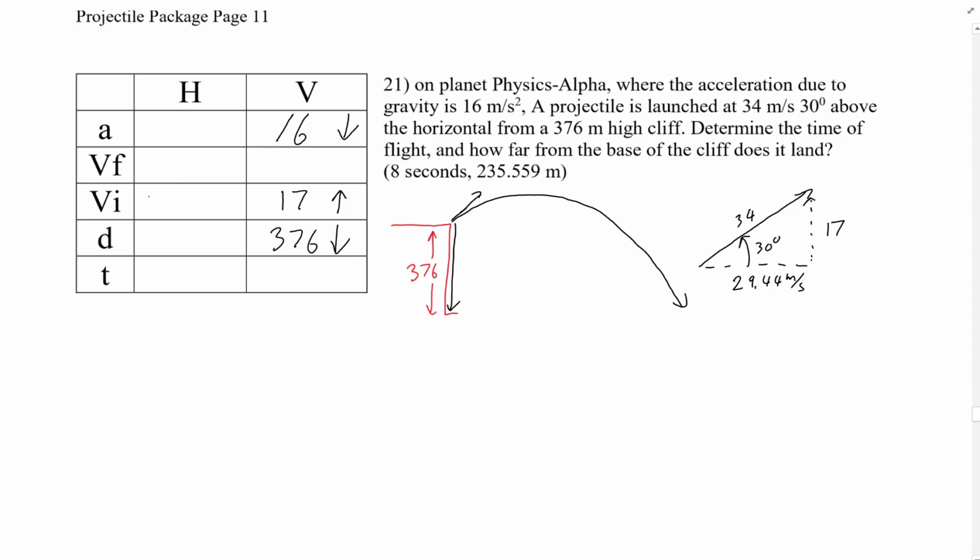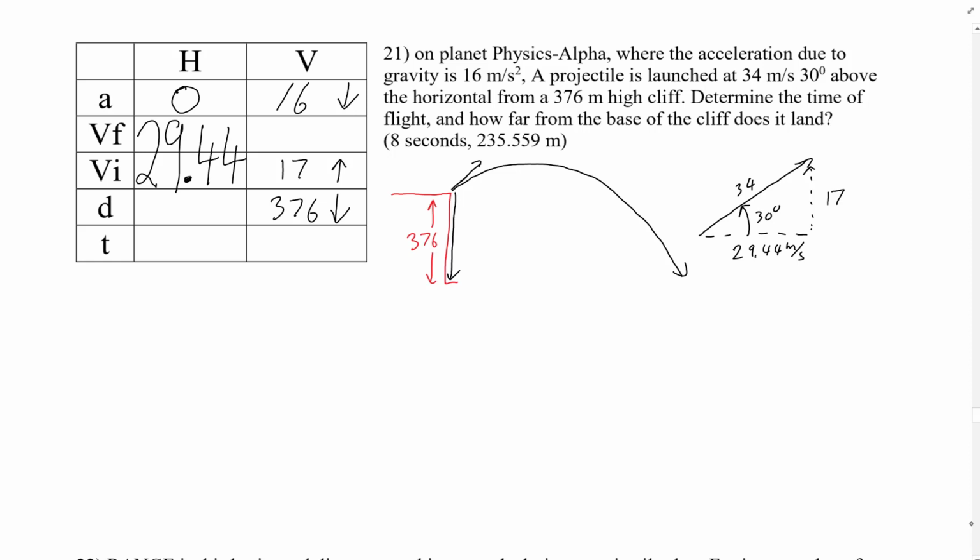The initial speed is 29.44, but so is the final, because there's zero acceleration horizontally. So I'm going to write 29.44 in both of those, just to emphasize that the velocity doesn't change horizontally.